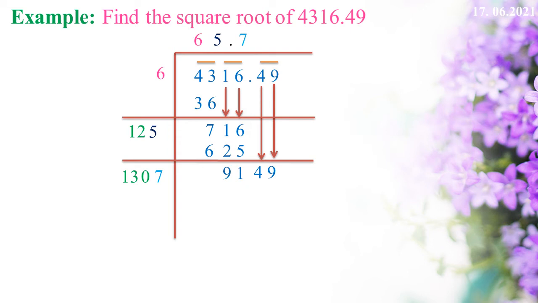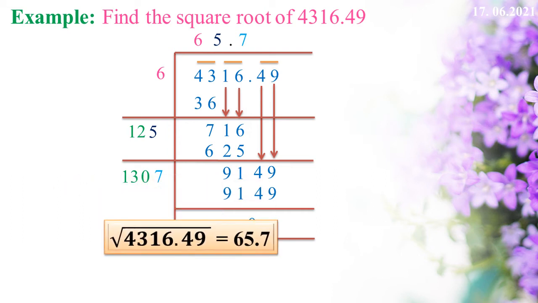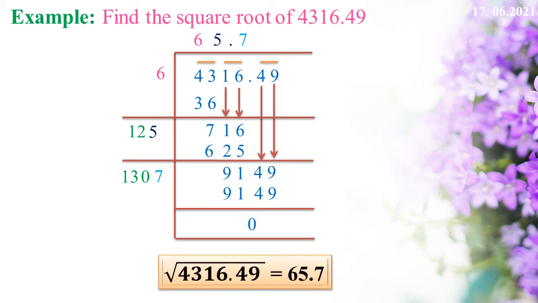So, multiply 1307 and 7. We will get 9149. Now, subtract 9149 from 9149. We will get 0 as the remainder. Stop when the remainder becomes 0. So, square root of 4316.49 is 65.7.